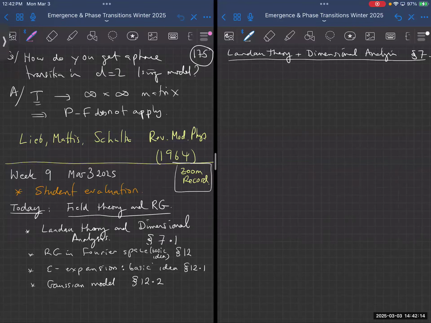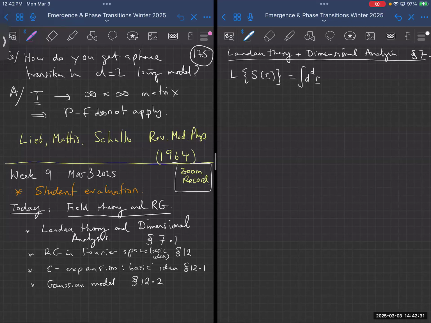So here's what we're going to do. We're going to start off with Landau theory. I'm going to write down the Landau theory for an order parameter, which I'll call S of R, and we've constructed that in the past. So let's write it down. I'm going to be in D dimensions.